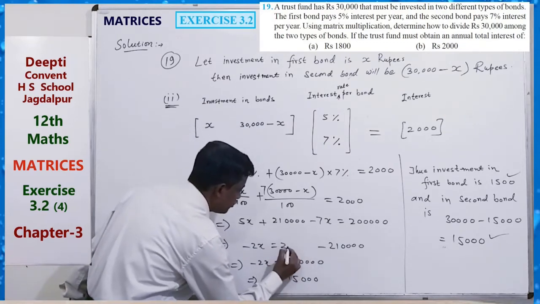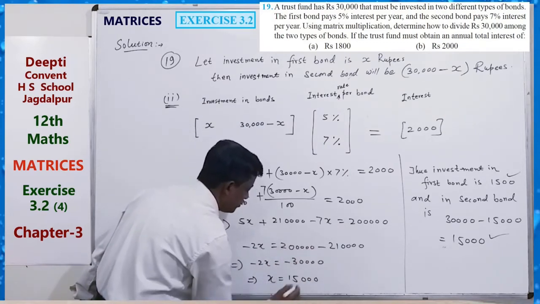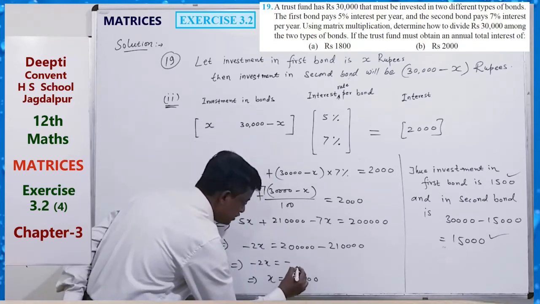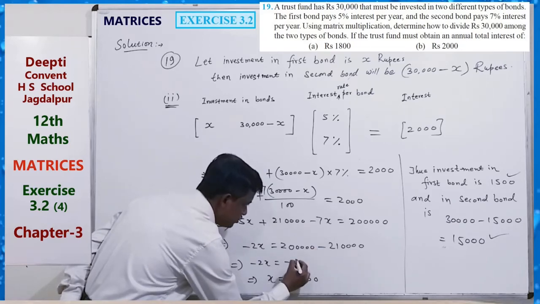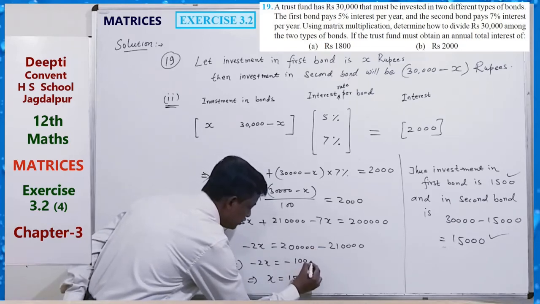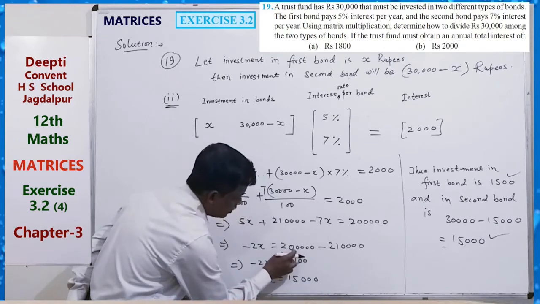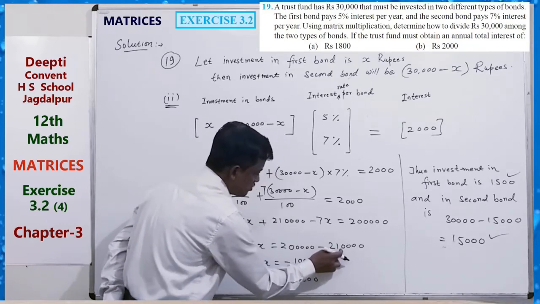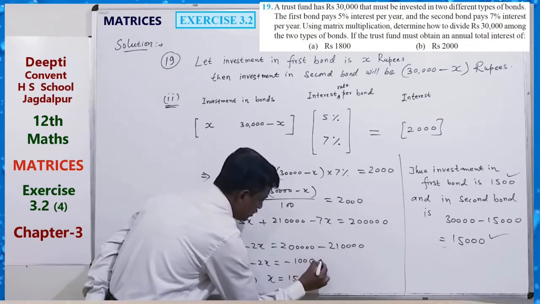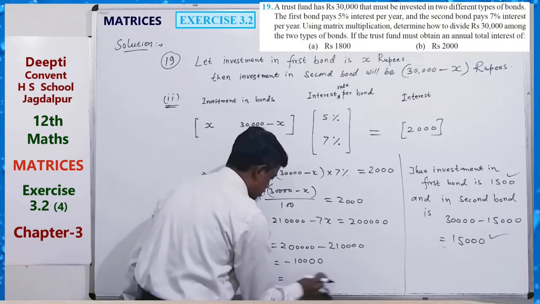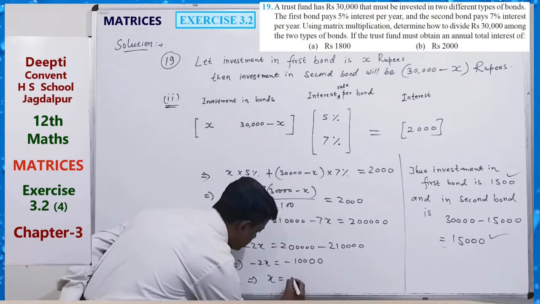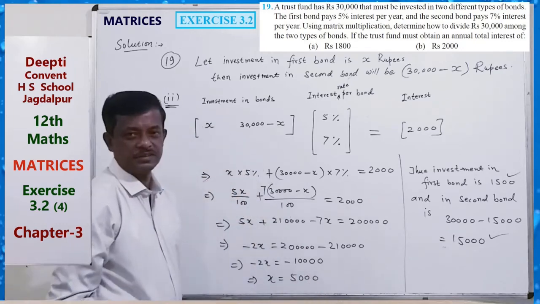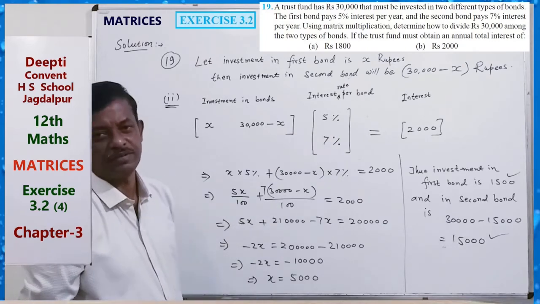Here we get 10,000, so x equals 5,000 for the second case.